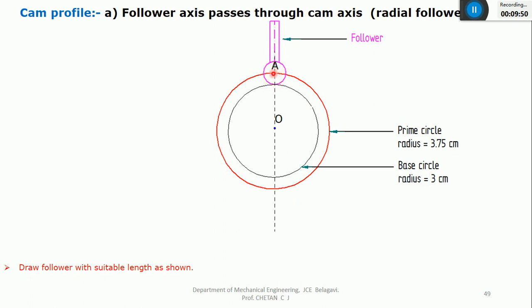So I have taken the center as A with a radius of 0.75 centimeter. I have drawn this roller and I have indicated this follower. After this, I'll join this point O to point A like this. I'll take this as a reference. So this is the starting point.